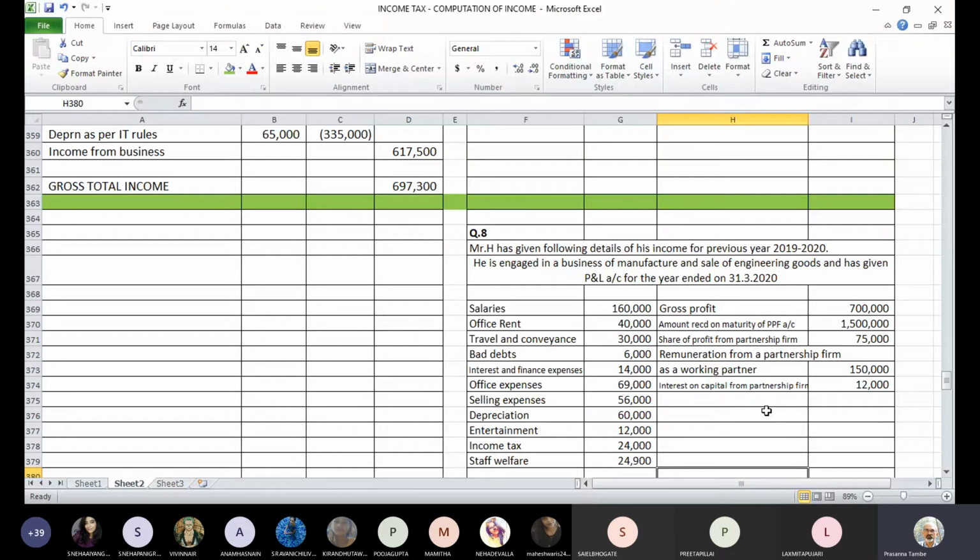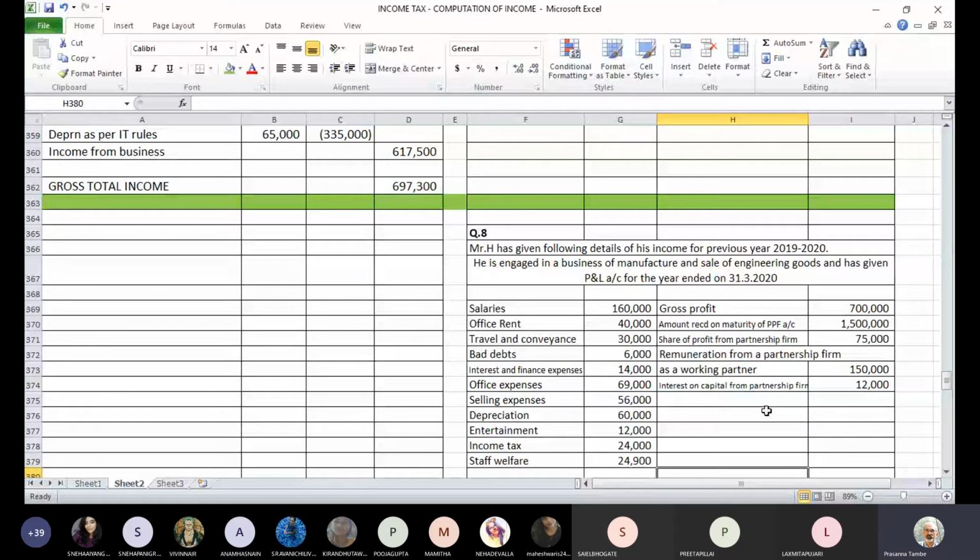So any amount received from partnership firm where a person is a working partner is liable for tax as business income. If the person receives interest from capital account or current account, as the case may be, or even loan account from a partnership firm where he is a partner, then even that amount is liable for tax as income from business or profession. But there is one sum which is not liable for tax, and that is share of profit from the partnership firm.